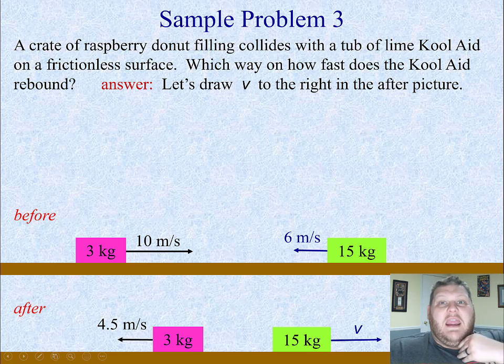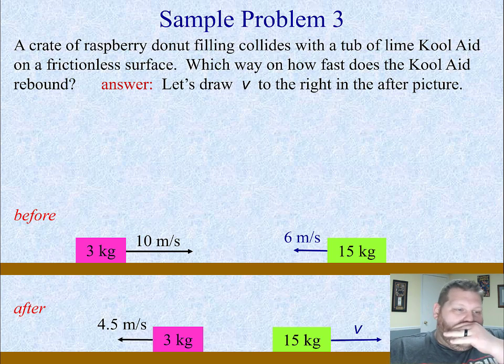We know that afterwards, the raspberry donut filling has a velocity now of 4.5 meters per second to the left. We're trying to figure out how fast and in which direction my lime Kool-Aid rebounds. So what I have to decide is how to start, right? Here I said, let's draw V to the right in the after picture. So we're just assuming here that they interact with each other, they collide, and they're going to go in opposite directions.